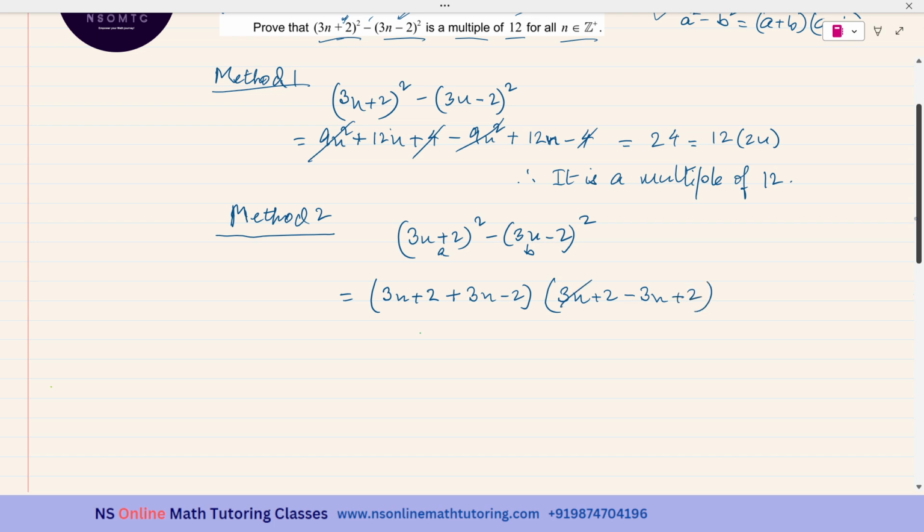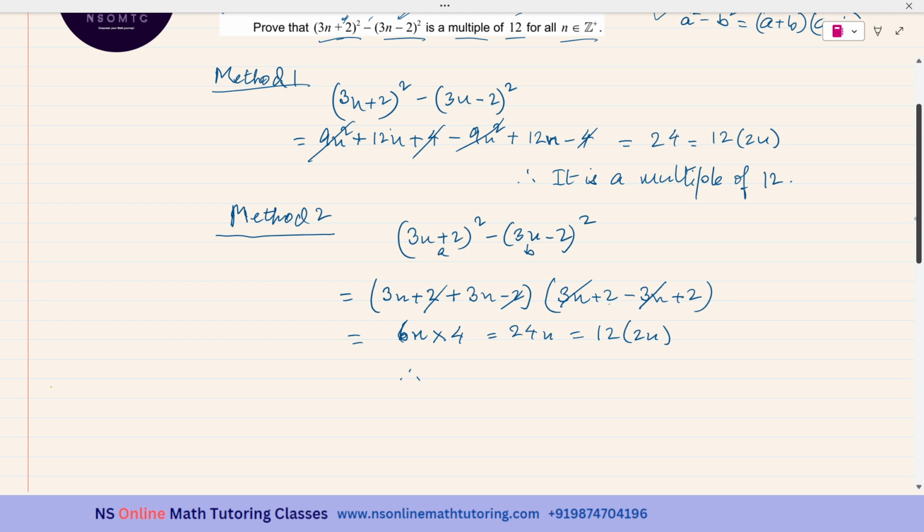So these two cancel and these two cancel. So 3n plus 3n is 6n, and from this part it is 2 plus 2, which is 4. So this is again equal to 24n, equal to 12 times 2n.